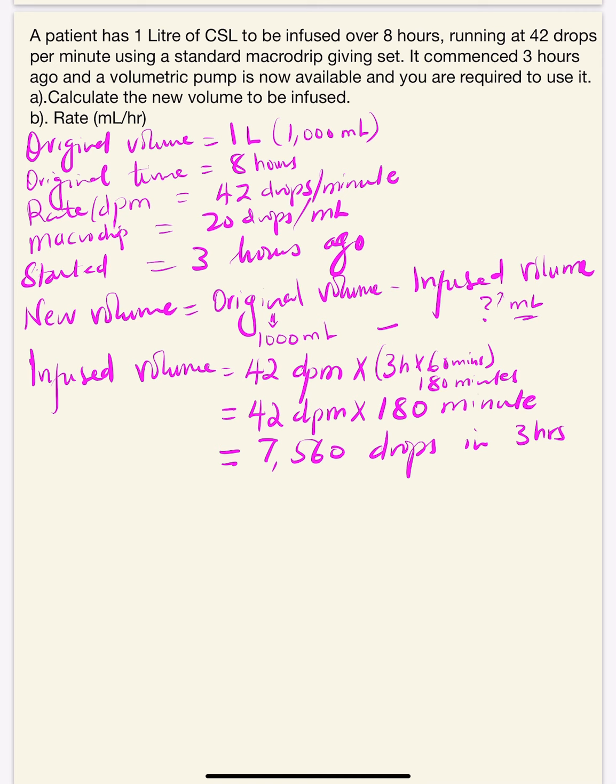Remember we are working with a macro drip, and the macro drip gives 20 drops per mL, and this doesn't really change. It's been documented that 20 drops, standard ones, are equivalent to 1 milliliter.